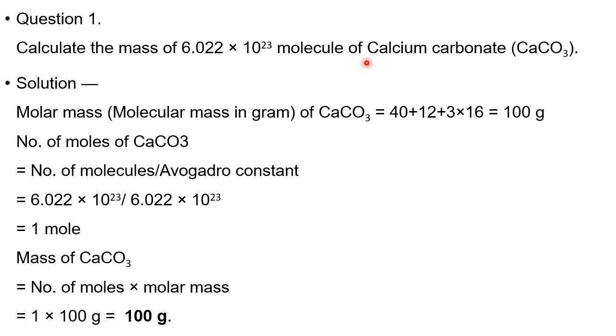So 1 mole of calcium carbonate means what? This condition holds good when you take the respective gram atomic mass or gram molecular mass. This is a molecule. Therefore, if you calculate the molecular mass, that is the 1 mole. So let us calculate the molecular mass of calcium carbonate: 1 calcium, 1 carbon, 3 oxygen, totally 100 gram.